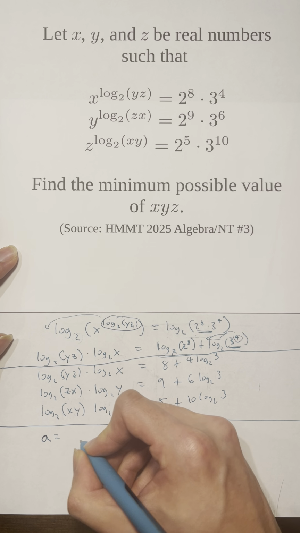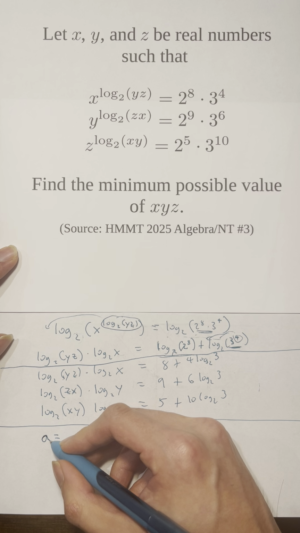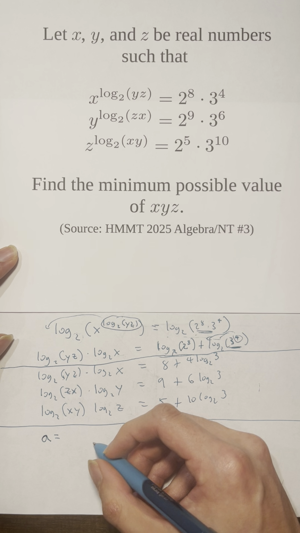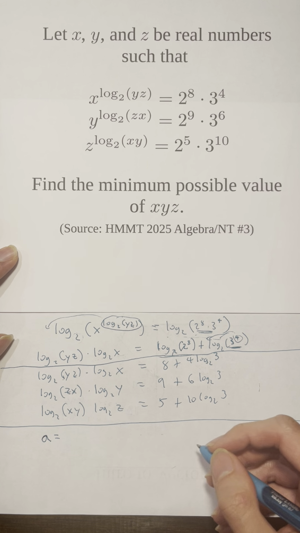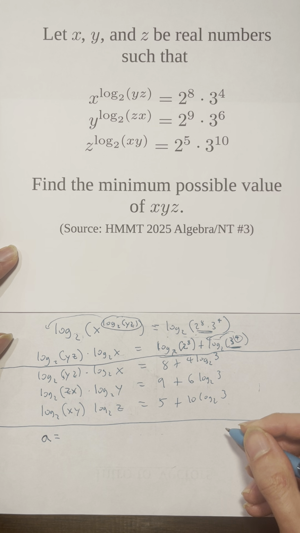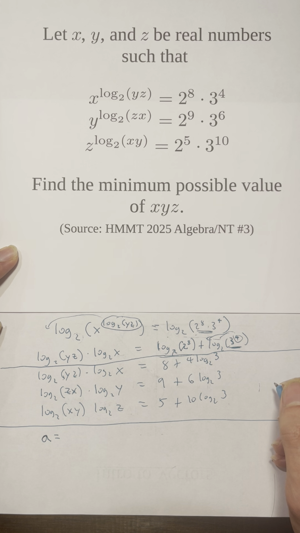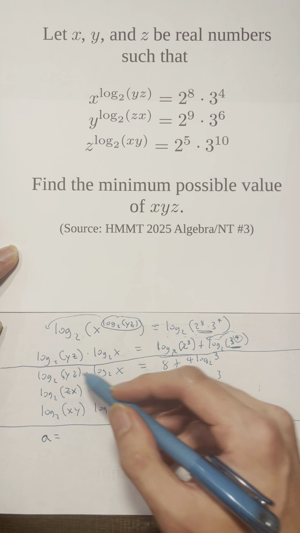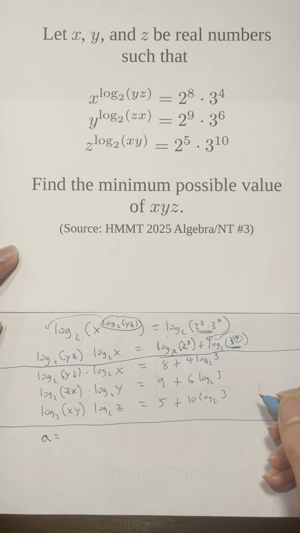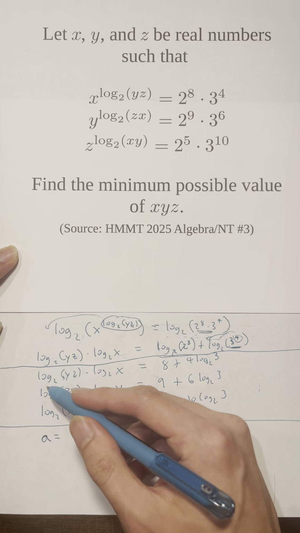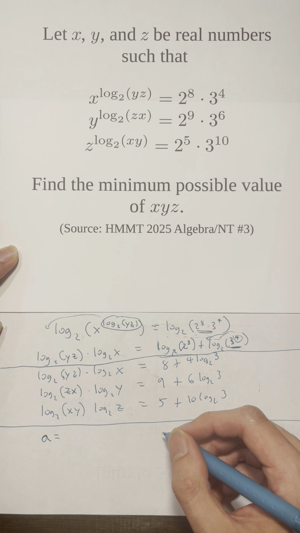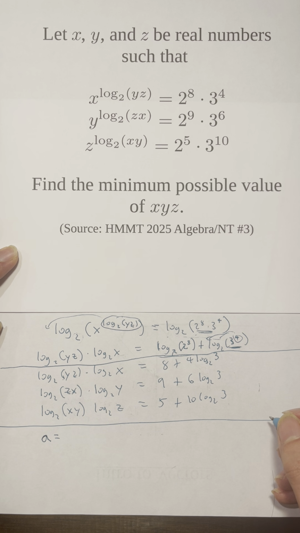I know I promised sooner, but it'll make more sense after I do this. First off, why am I making substitutions here? This is a new system of equations, but it's still hard to solve because of the annoying logarithms. So how do we get rid of them?